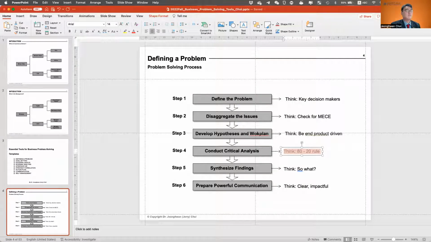Okay, please think of what is most effective and what is most important. What is the key important factor? Key factor, important factor. Okay, and then key success factor. We call that a key success factor analysis.